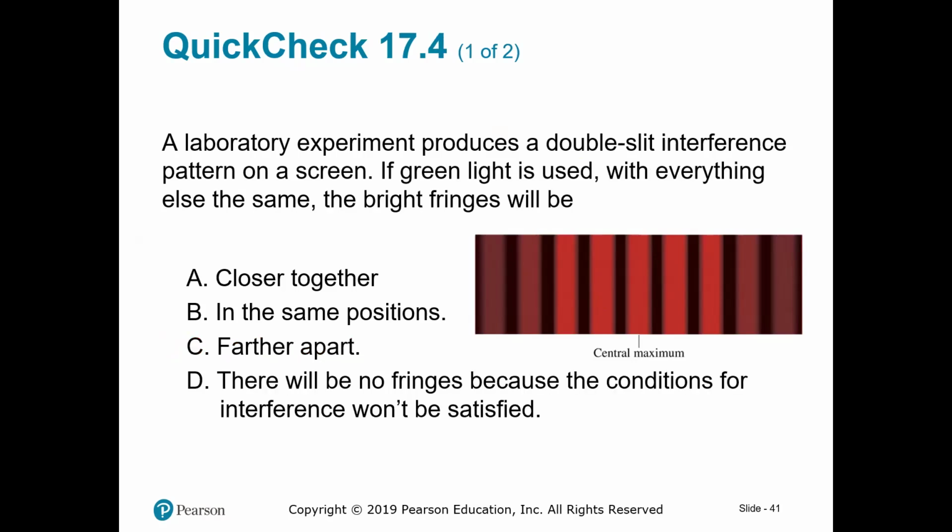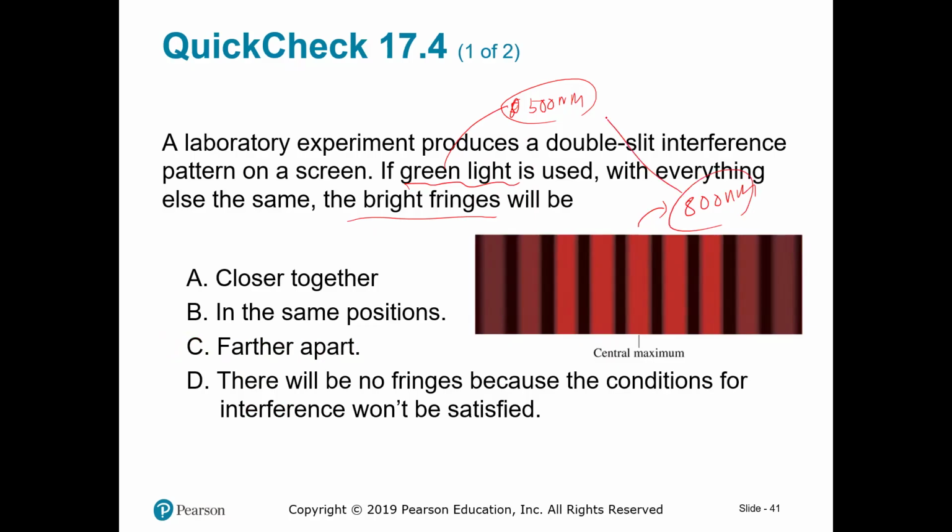And then a similar question, right? In the double slit experiment again, green light is used. The green in general is about 500 nanometer. Maybe I'm wrong, but somewhere there. With everything else the same, the bright fringes will be... So initially we had a red one. Red has about 800 nanometer.